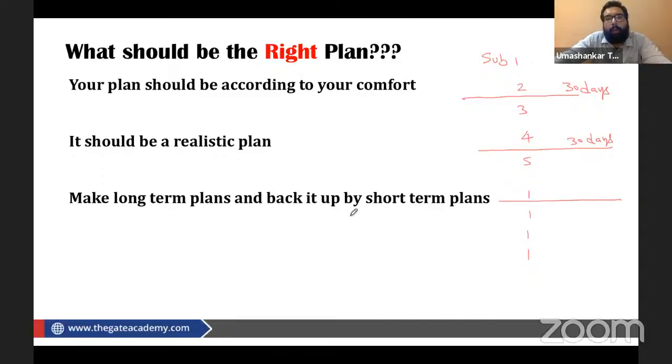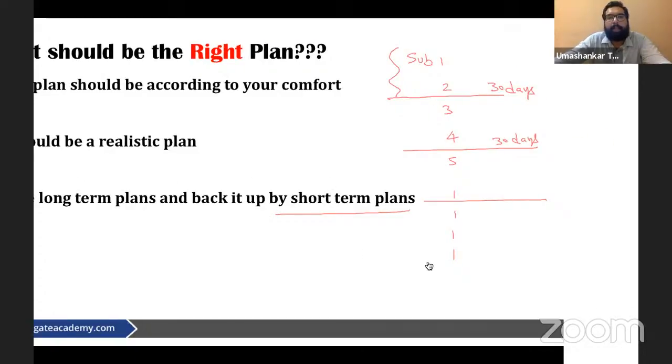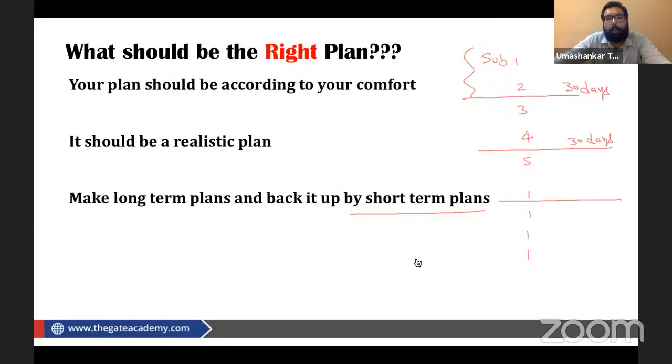Now you have to make short-term plans also. If in the next 30 days I am planning to do two subjects, I'll make a short-term plan for that, doing it like this. Also, some people think that once we have made a plan, we should not change it. It is absolutely not like that, my dear.